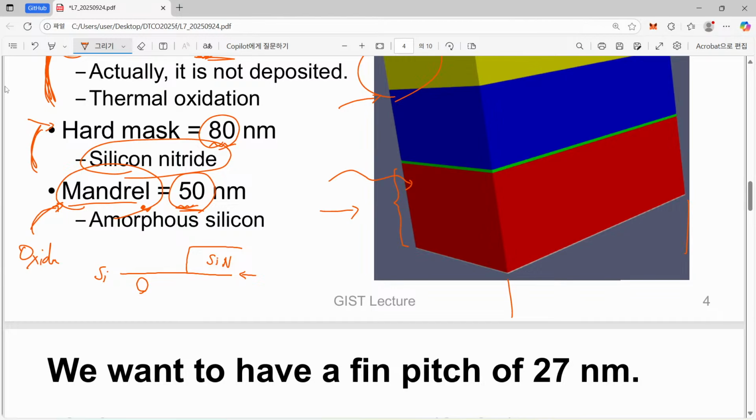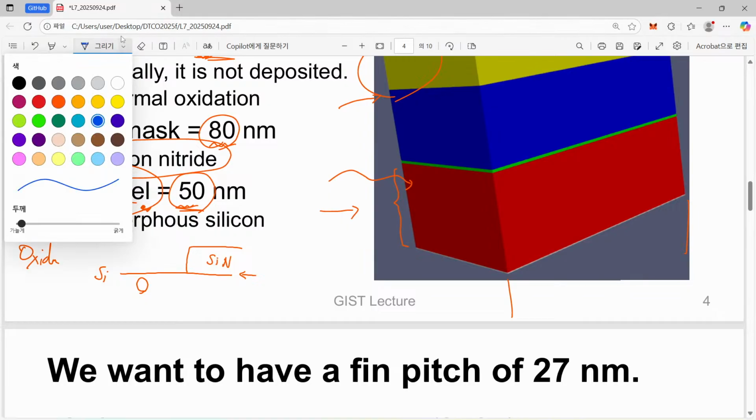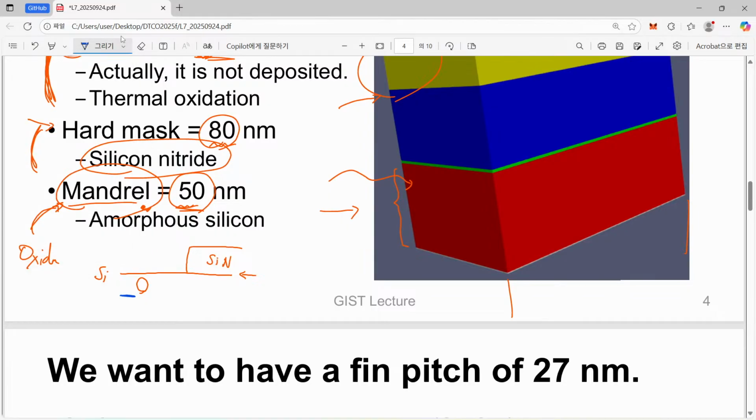So where can you find the interface between silicon and silicon dioxide? Our interface can be found here. And where is the end of our newly generated silicon dioxide? There is also the end of the silicon dioxide layer.